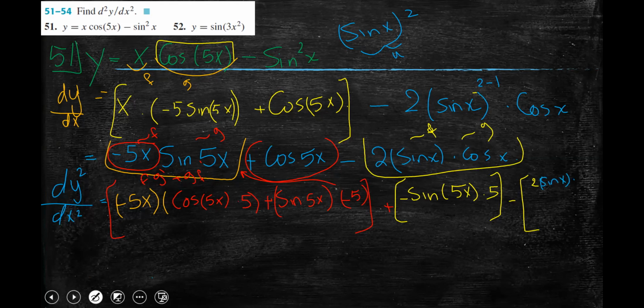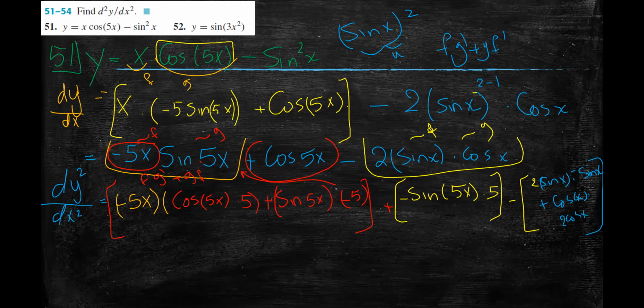What is the derivative of cosine? Negative sine. Plus, we said it is f g prime plus g f prime, plus cosine x times, what is the derivative of 2 sine x? 2 cosine x.